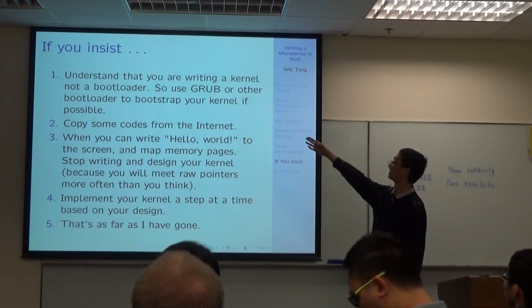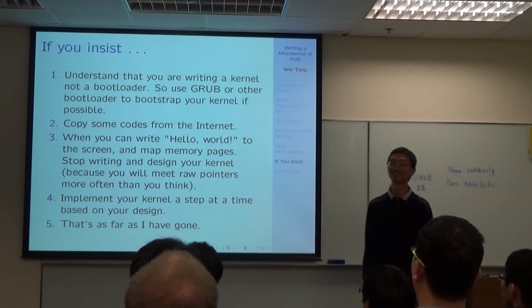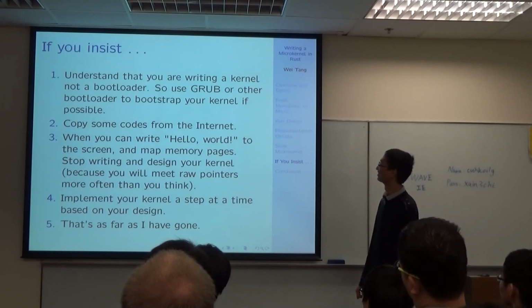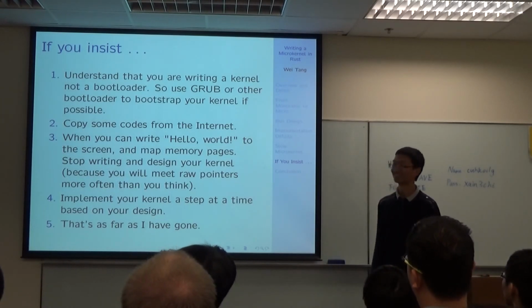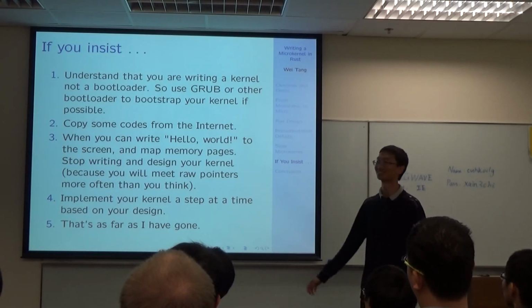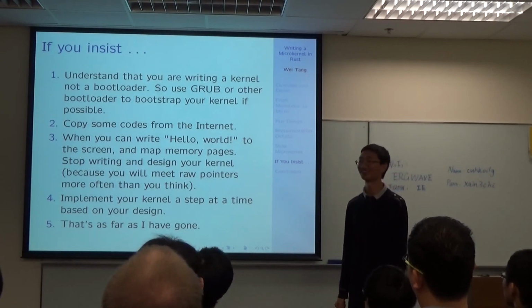If you use GRUB or another bootloader to bootstrap your kernel, you save a lot of work. Why wouldn't you do that? And then you can copy some code from the internet. There are a lot of people trying to create their own microkernels, and a lot of people trying to create them in Rust.